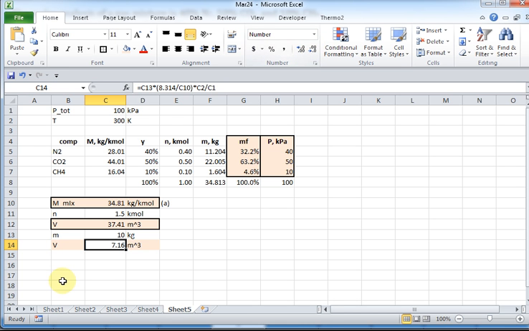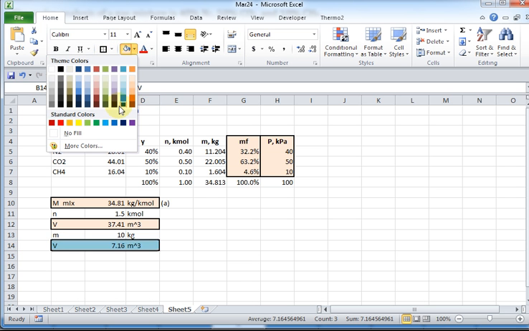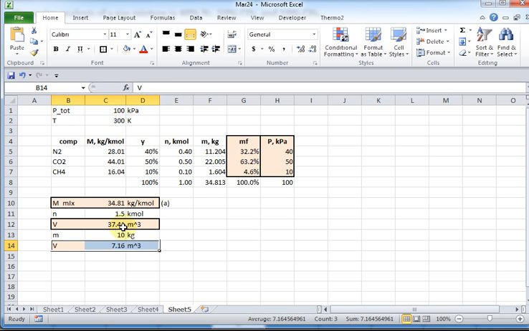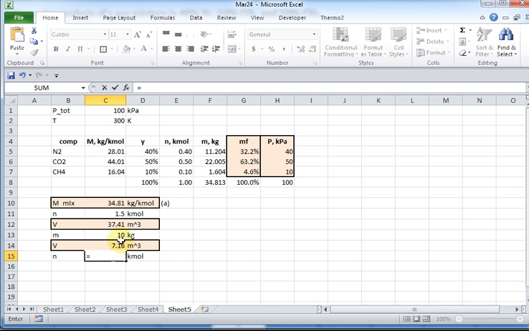You could have said, well, that seems more convoluted than I like. Why don't I do this? Why don't I just calculate the number of moles that 10 kilograms gives me? Well, that'll be 10 kilograms divided by the molar mass of the mixture. So this is how many kilomoles 10 kilograms gives me. Then I'm back to how I solved for this one right here, true?